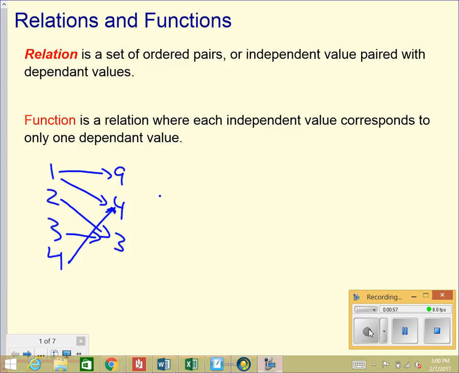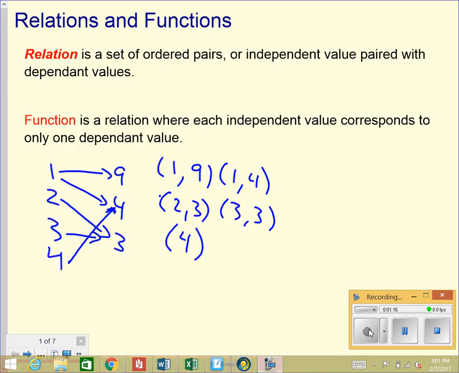So we have these ordered pairs. So essentially I have 1 and 9, 1 and 4, 2 and 3, 3 and 3, and last one, 4 and 4.